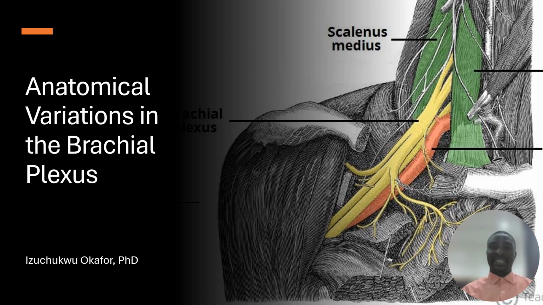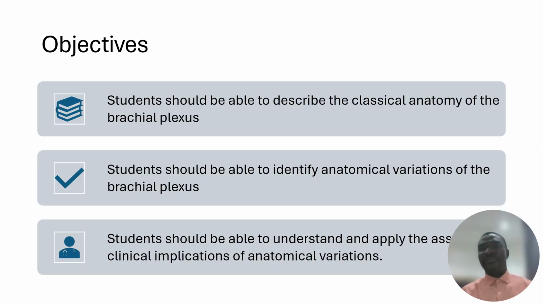So today in this lecture, we're going to be basically having an overview of the basic anatomy of the brachial plexus. We're going to discuss the common and the rare variations, and we're going to also examine the clinical implications of these variations using a few of the live case studies.